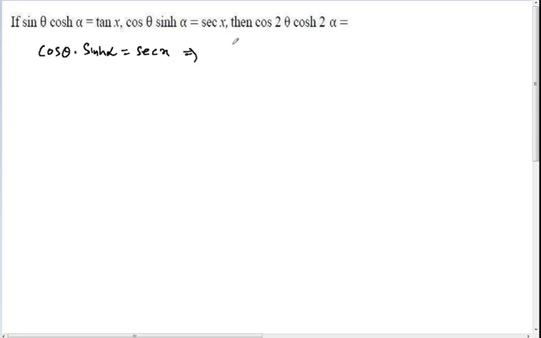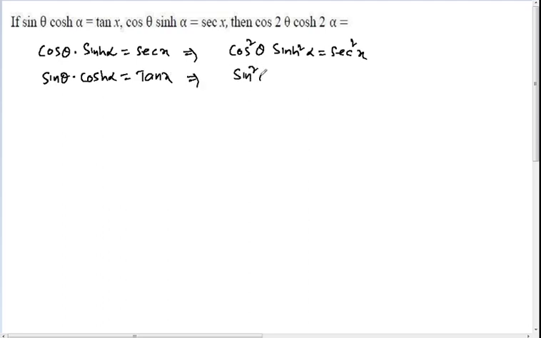So squaring on both sides, that is cos square theta into sinh square alpha is equal to secant square x. And the second relation is sin theta into cosh alpha is equal to tan x. Again squaring on both sides, that is sin square theta into cosh square alpha is equal to tan square x.